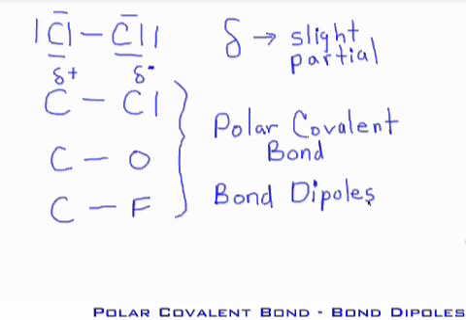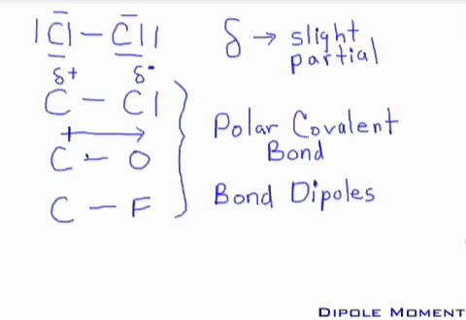We can define a term called dipole moment. What is a dipole moment? Well, I can take any of these bonds and I can draw an arrow from the partial positive to the partial negative. And I often draw a little line on top of the arrow at the positive end to show the direction of a dipole.